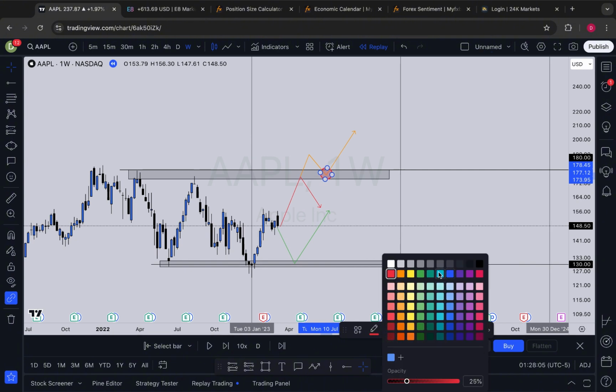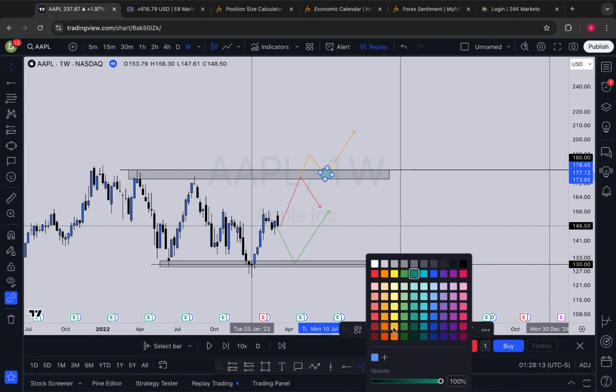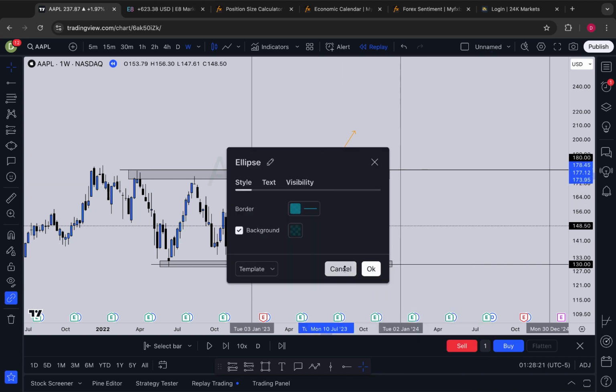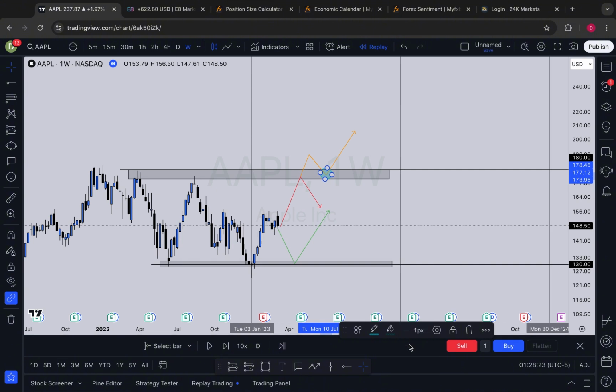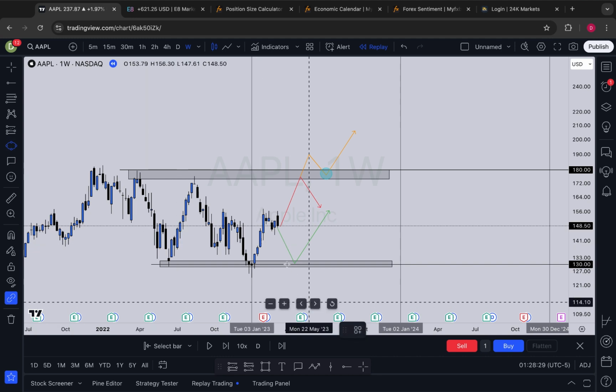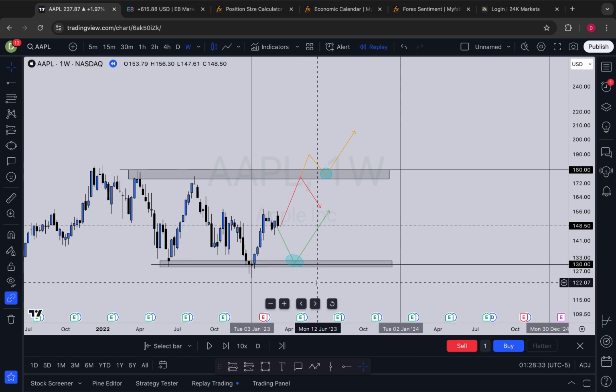Put it in blue, or teal, whatever color this is. Why is it so thick too? Pause. Big pause. Excuse me. So we'll get in here, and we would get in here. So these are our areas of interest.